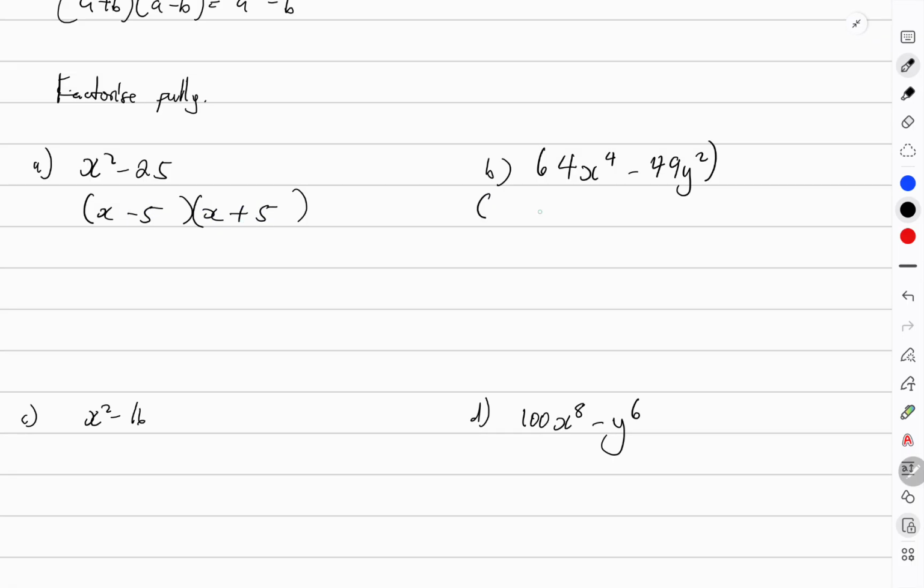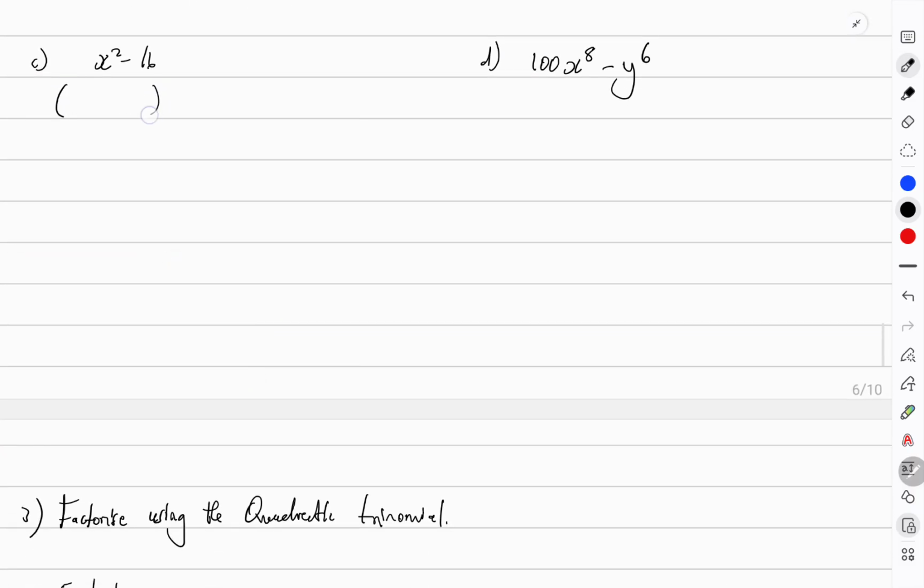I'm having a 64, open two brackets. 64 is a squared, which is the same as 8 to the power of 2. I'm going to have 8 here, x to the power of 2, x to the power of 2, which is going to give us x to the power of 4. I'll have a minus, I'll have a plus, I'll have a 7, I'll have a 7, I'll have a y, I'll have a y. That is what is going to happen, right? The second one, two brackets.